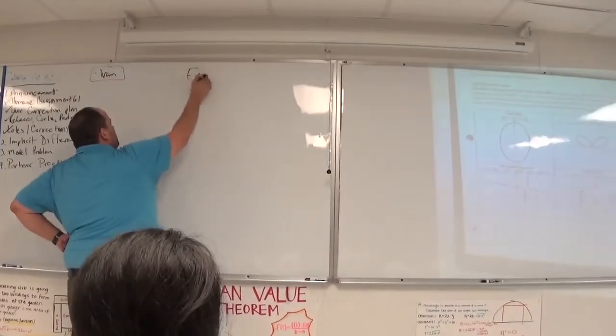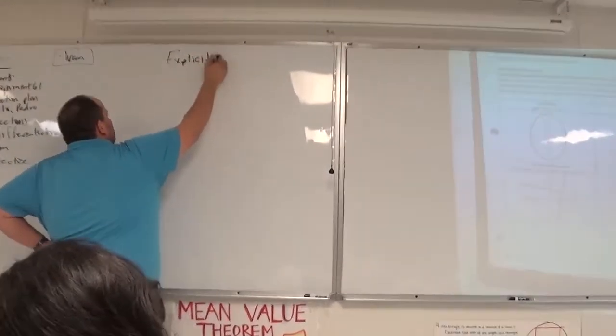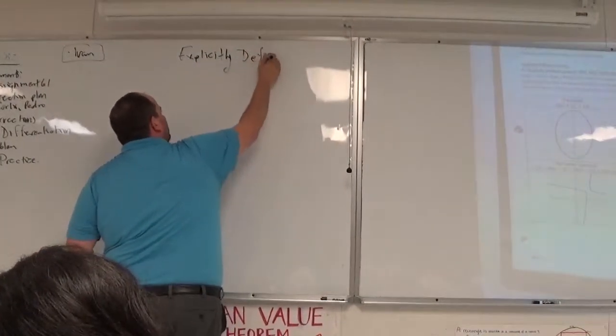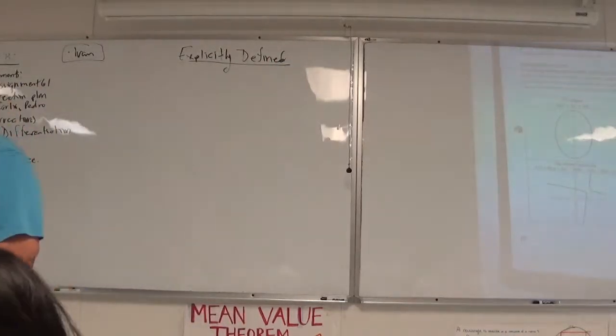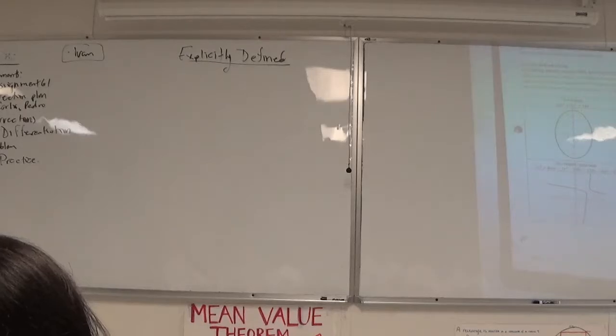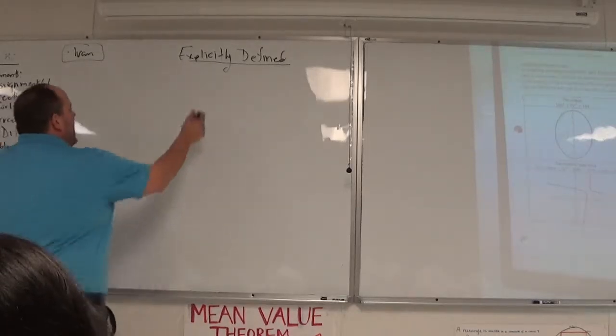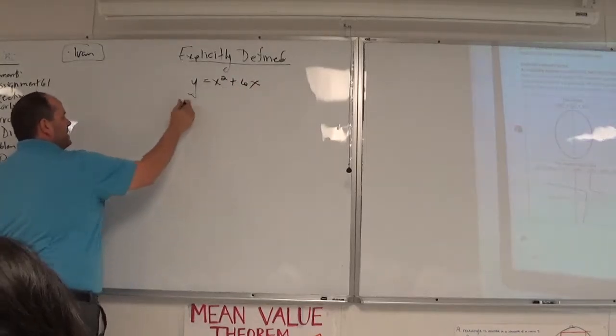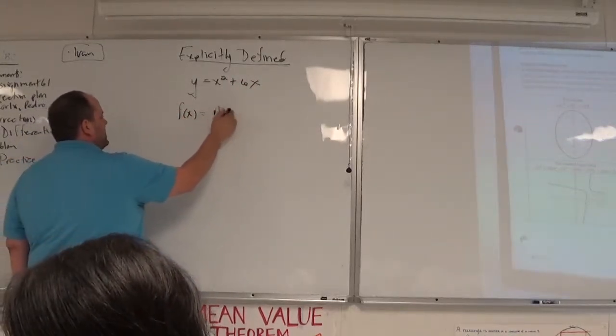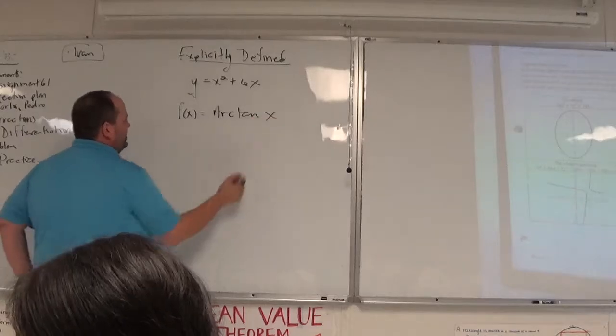Okay, up until this point, everything that you guys have looked at has been explicitly defined. For example, I've told you things like y equals x squared plus 6x. I've said f of x equals arc tan of x.